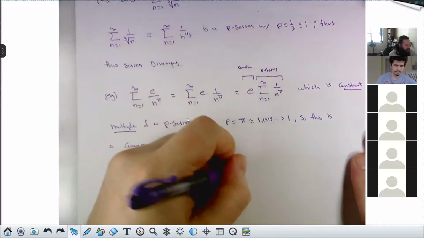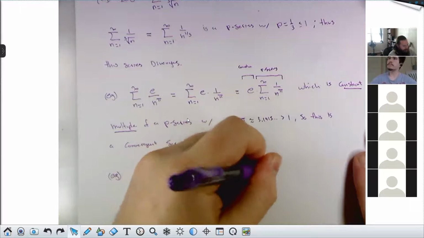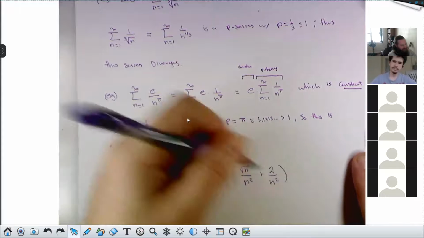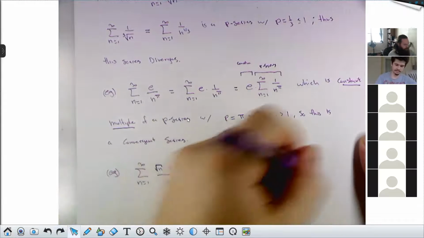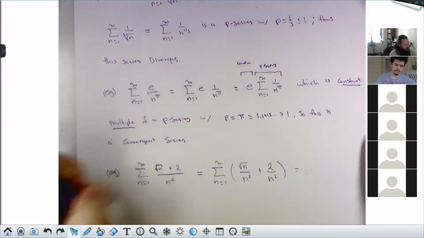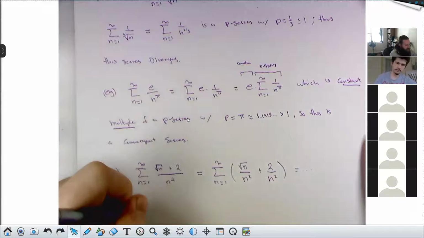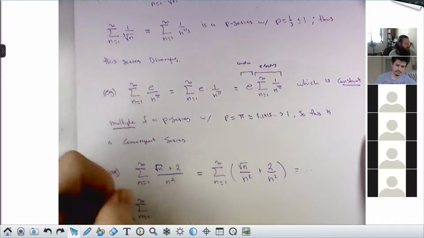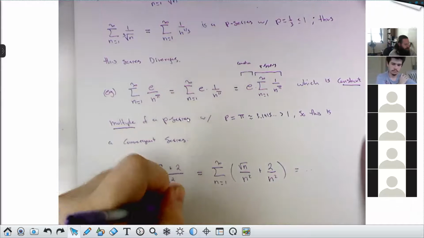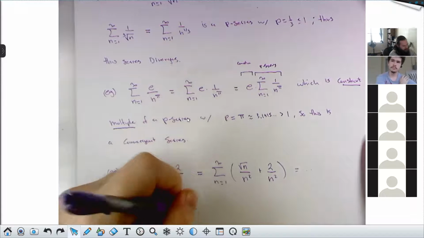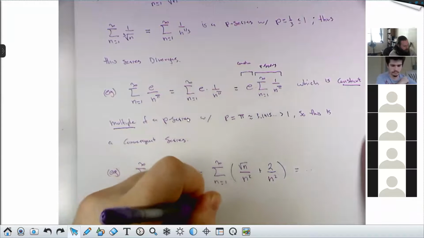Within my series, I can write this as root n over n squared plus 2 over n squared. And that will allow me to say, okay, whatever this is, it should be sigma n from 1 to infinity root n over n squared plus sigma n from 1 to infinity 2 over n squared.